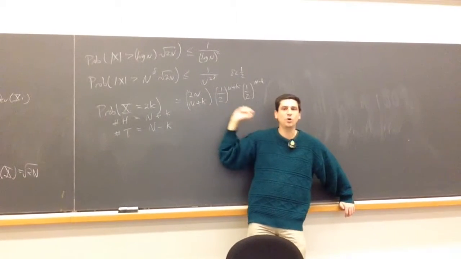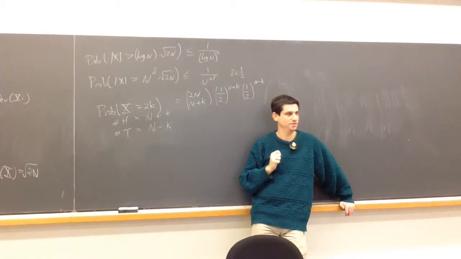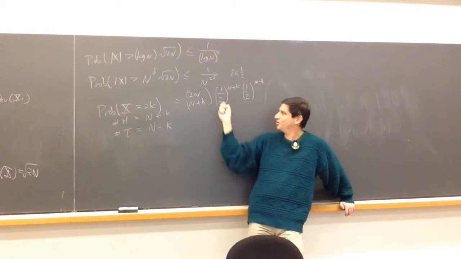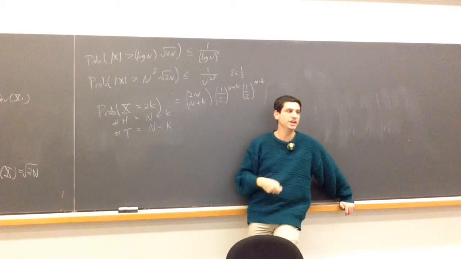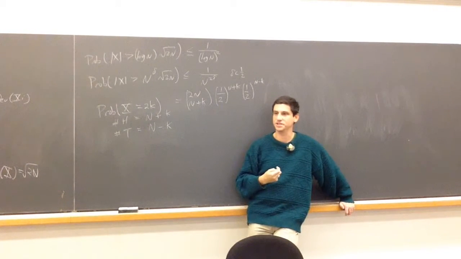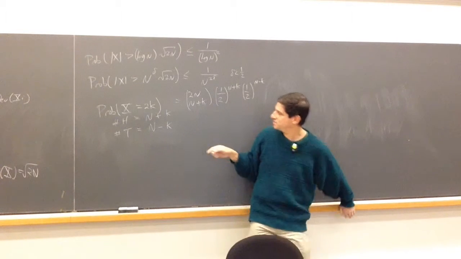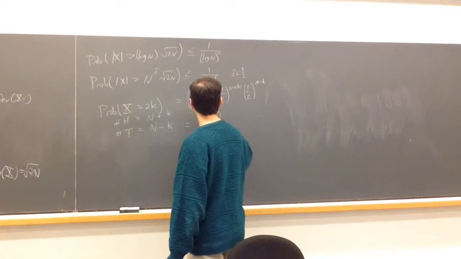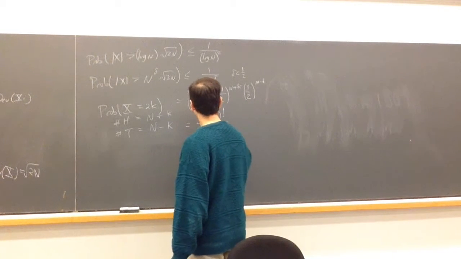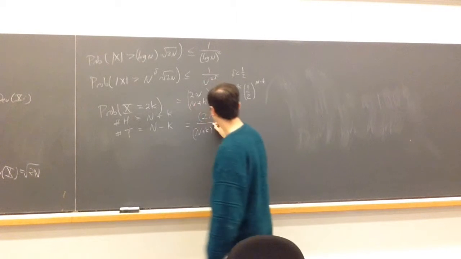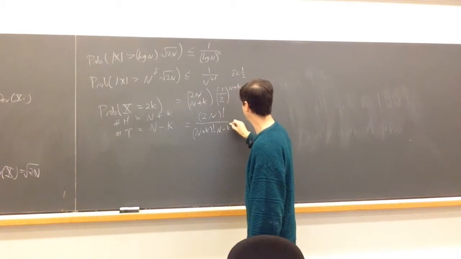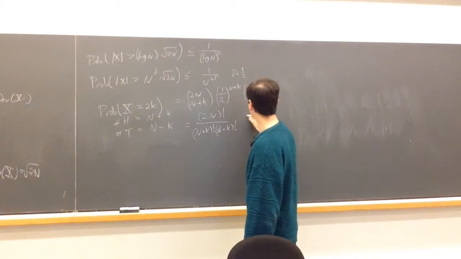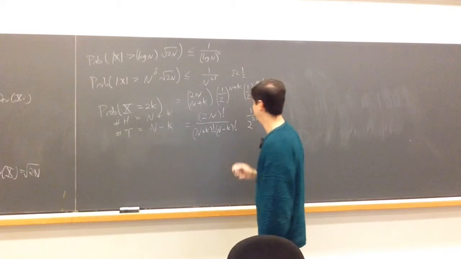And you can begin to see now why we're using a fair coin. If we were using a coin that was not fair, I would have two different numbers in here, and I would have that complication going on at the same time. Well, because these are the same, this simplifies very nicely, and it's 2n factorial over n plus k factorial n minus k factorial, 1 over 2 to the 2n.